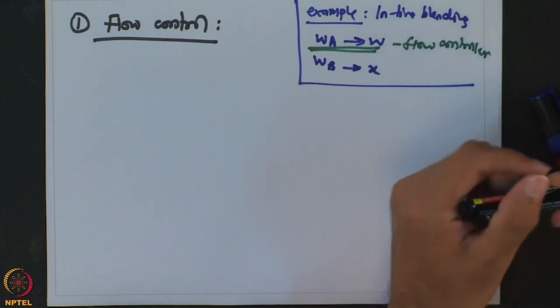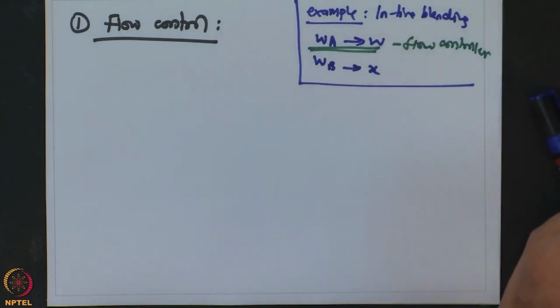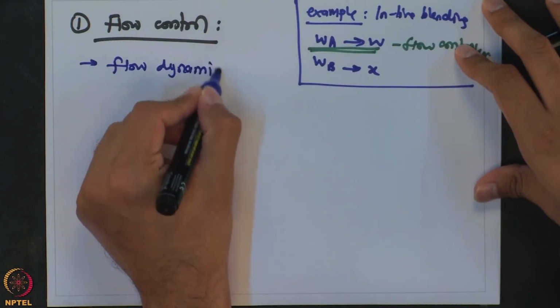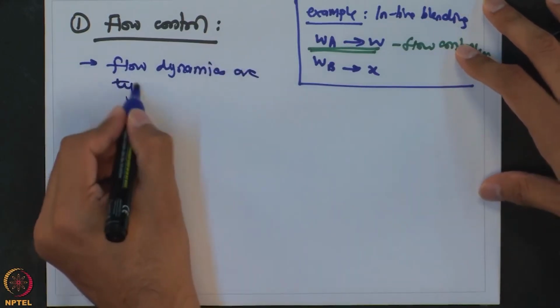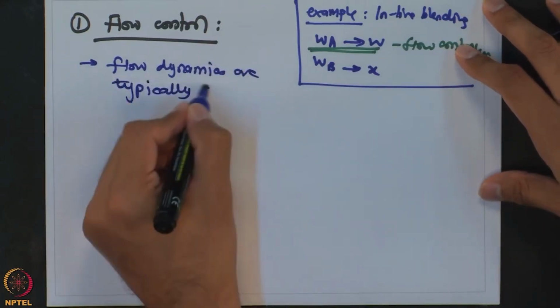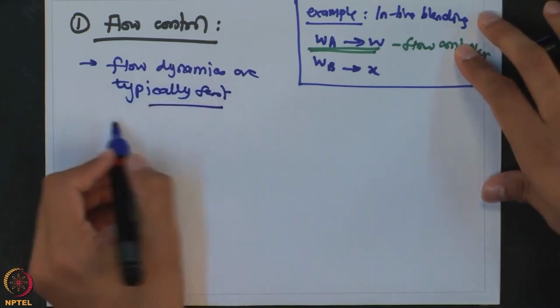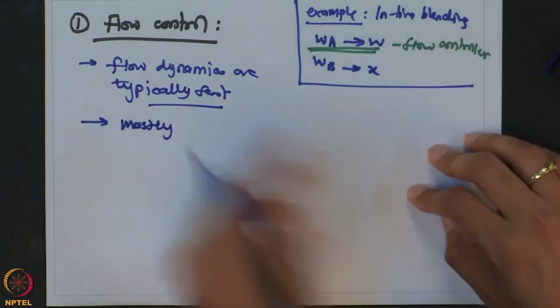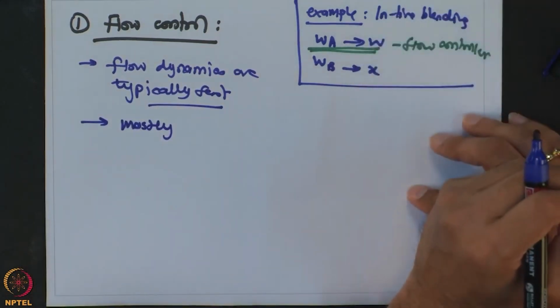If this is the controller which we want to design further, then what type of controller do we have to use? As it turns out, flow dynamics are typically fast. And mostly you want to set a particular flow going to a piece of equipment.